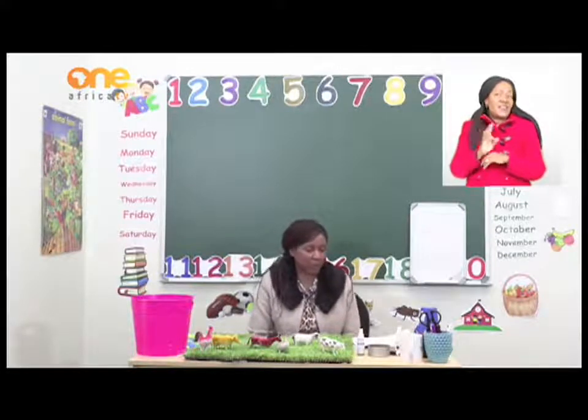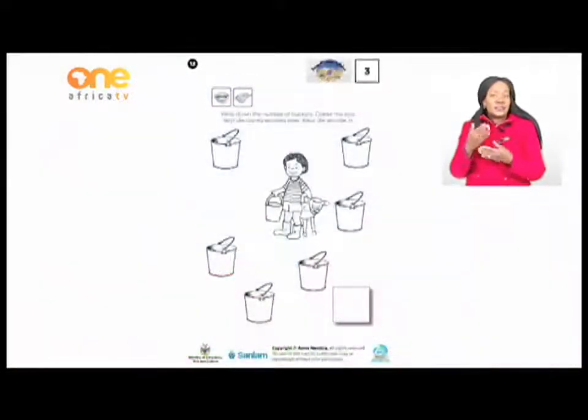Let's get back to page 12 in our booklet. We need to count the number of buckets, and remember the boy is carrying one bucket of milk. Now let's count the buckets together.